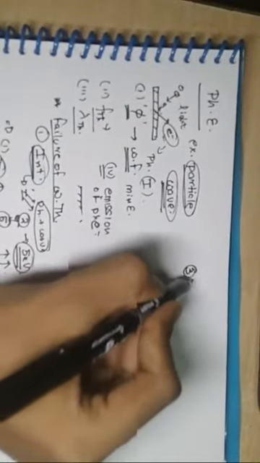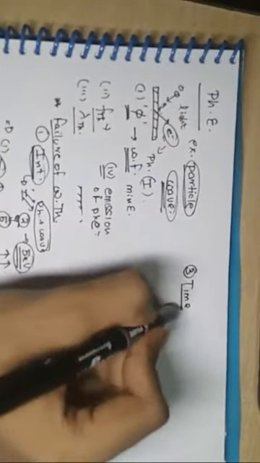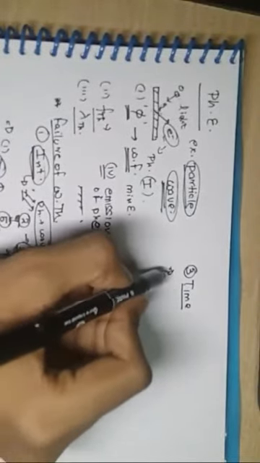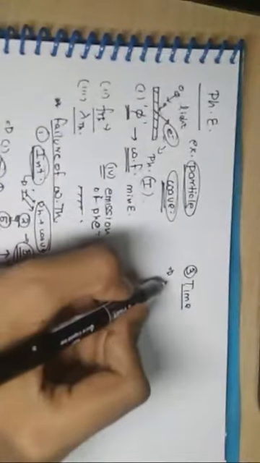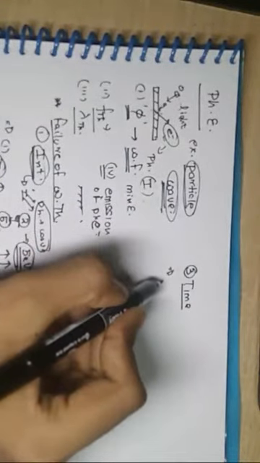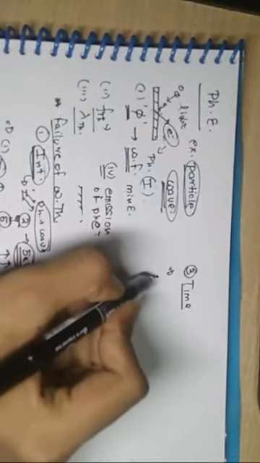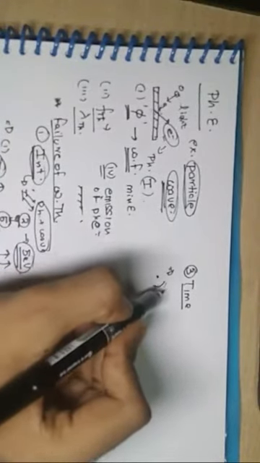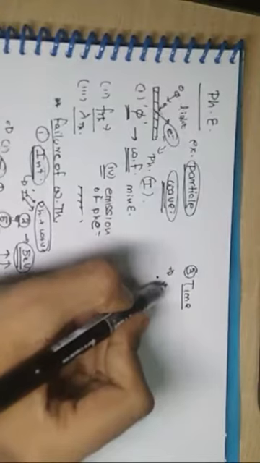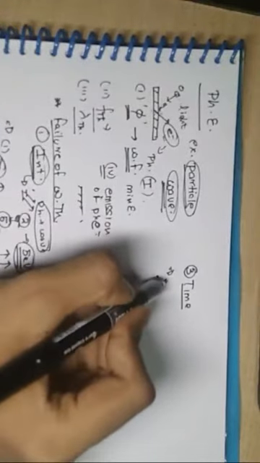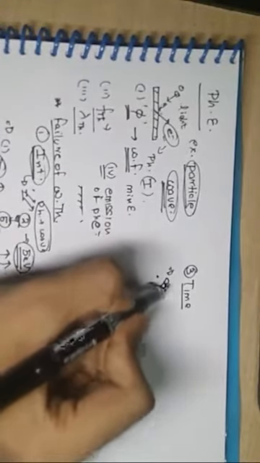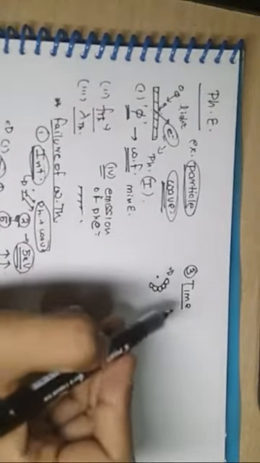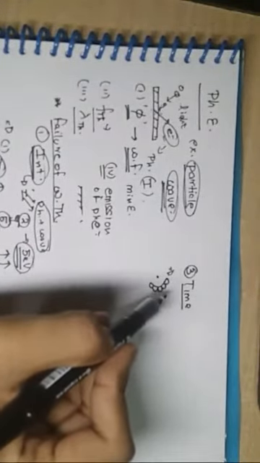The third thing is about time. As it is said in the wave theory, waves travel in the form of wave fronts. That is, if this is the source, then these are the wave fronts, and wavelets arise from these wave fronts. So the traveling of a wave is kind of like this, as explained in the wave theory.